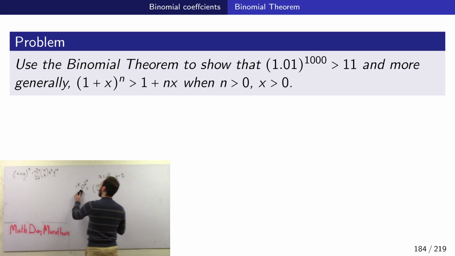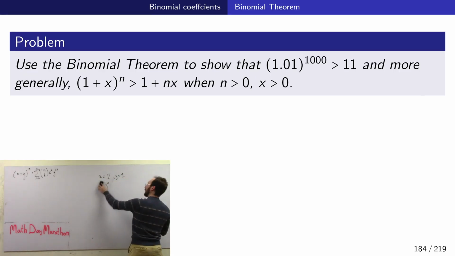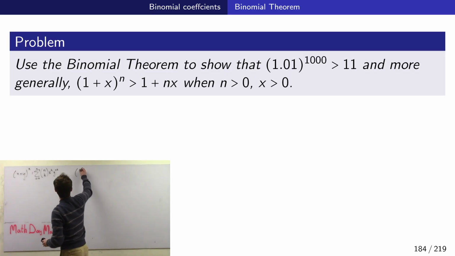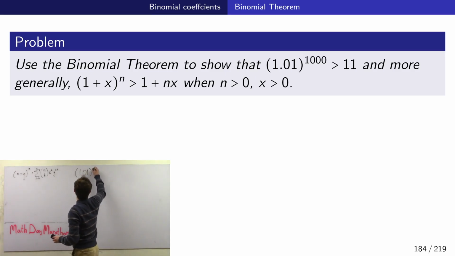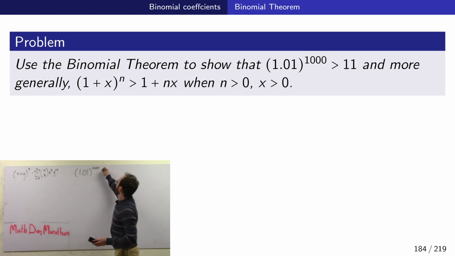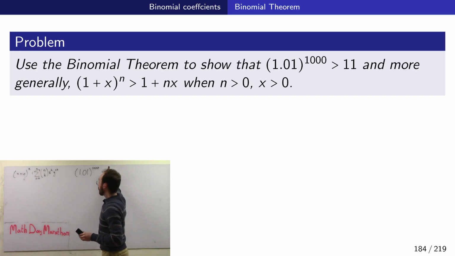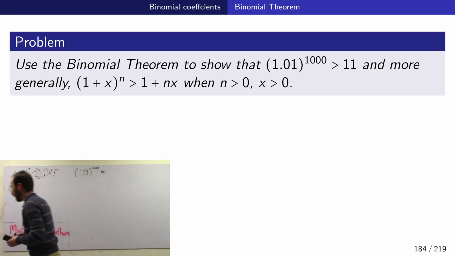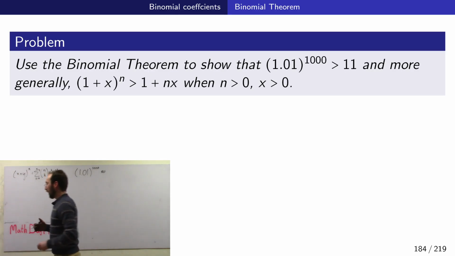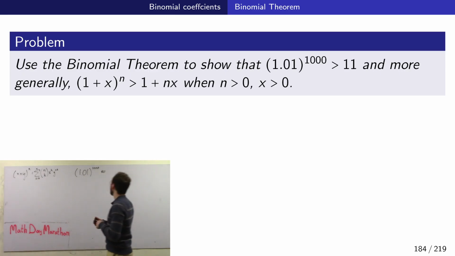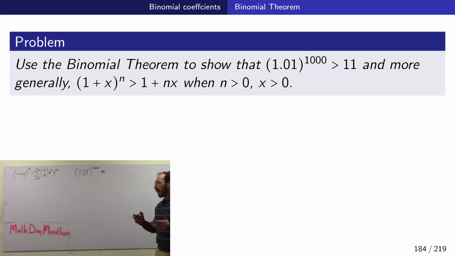Just any old calculator. You've done so. All right. We're going to leave this open about what this is approximately equal to. Before we figure that out though, what we want to show is that it's greater than 11.